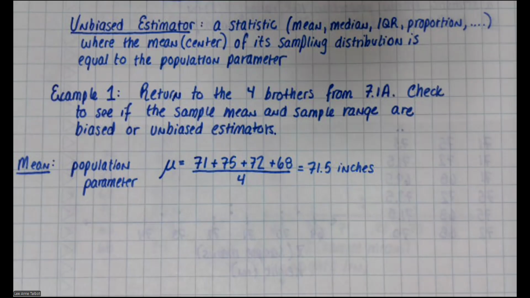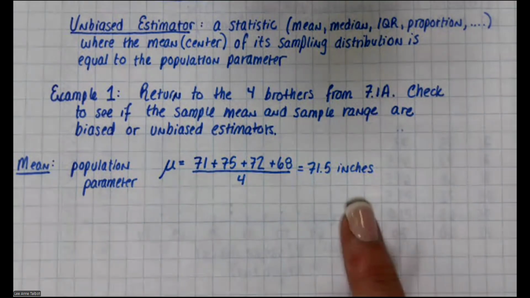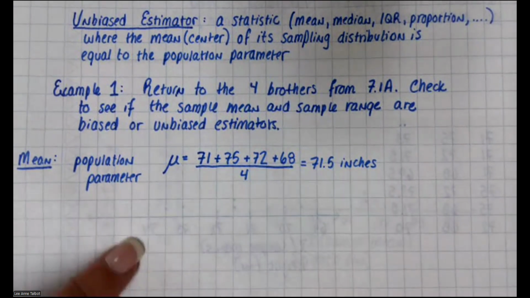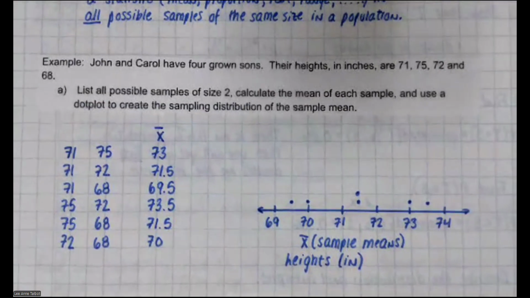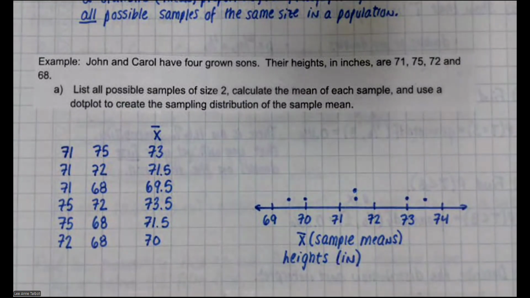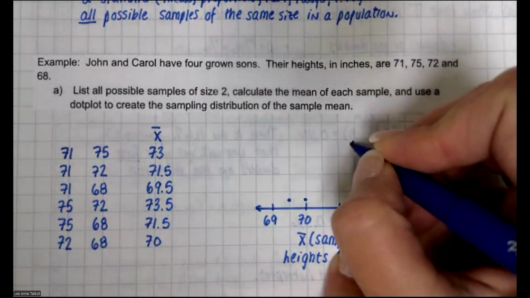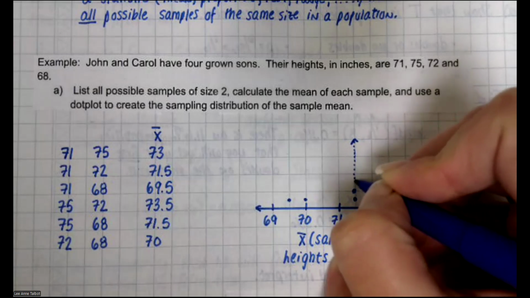Okay, now go back to your graph of the mean sampling distribution from yesterday. So flip your paper back. And I want you to find for me 71.5, which is the actual mean.